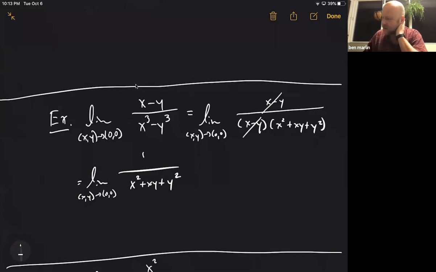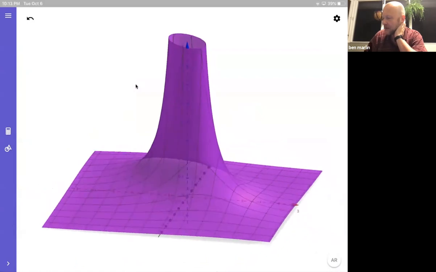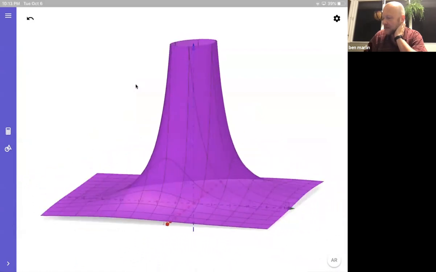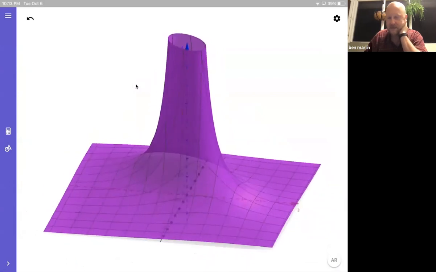From the graph, you can see that it's going up to positive infinity, no matter which direction you're coming into the origin (0, 0) from. From every direction it's going up towards infinity.